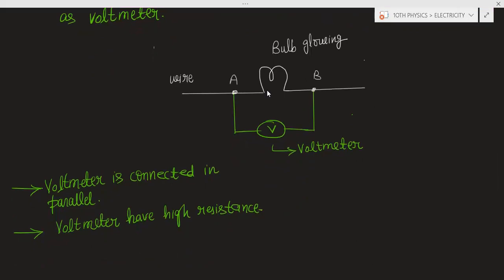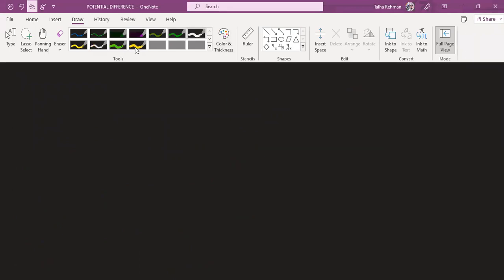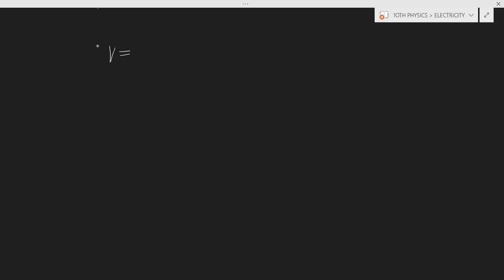Remember this formula: potential difference V is equal to work done divided by charge. Talking about the units, the SI unit of potential difference is volts.